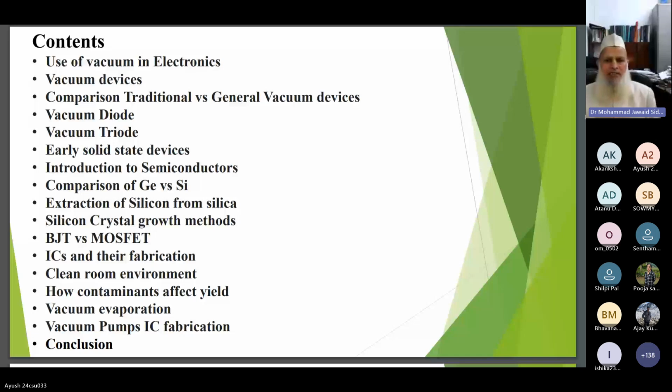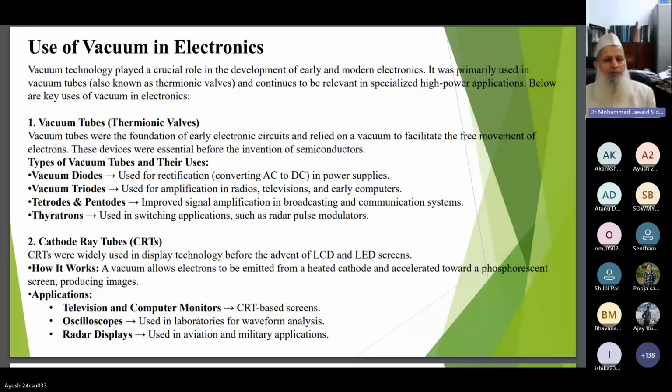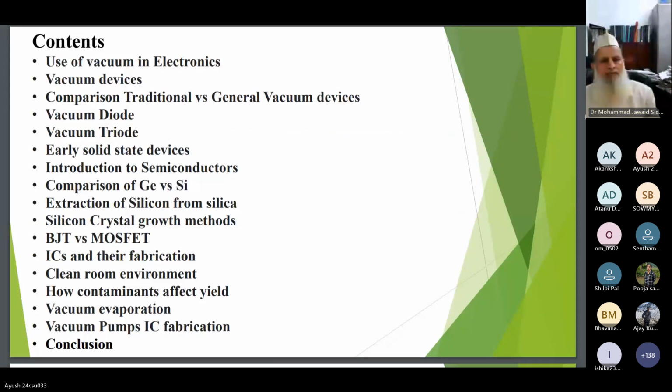These are the contents of my presentation: use of vacuum in electronics, then vacuum devices, briefly the vacuum diode and triode, and then briefly solid state devices, an introduction to semiconductors. Then we will discuss germanium and silicon, because these are the two important semiconductor materials used extensively in integrated circuit fabrication.